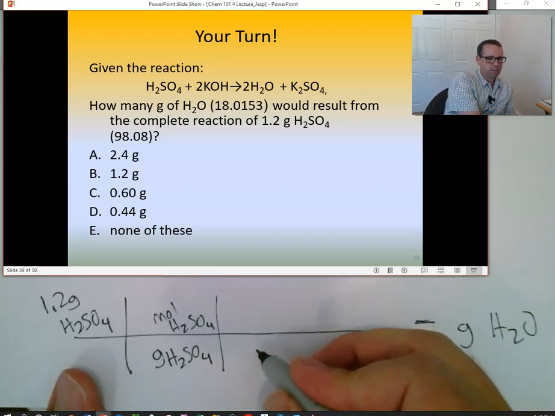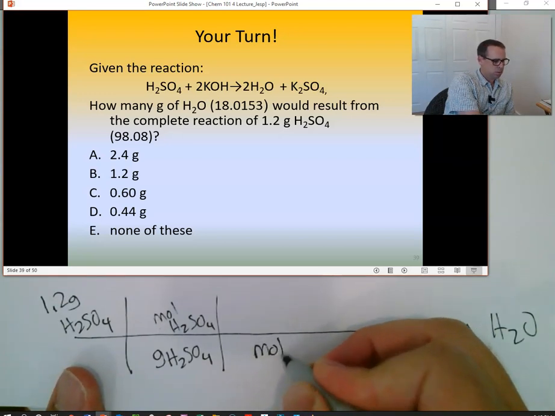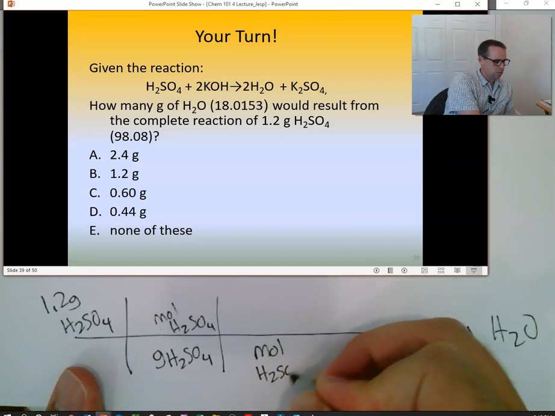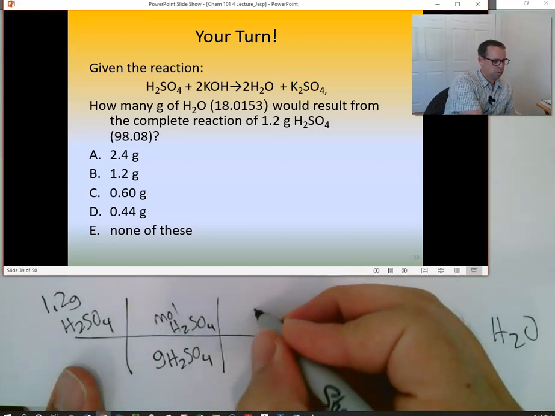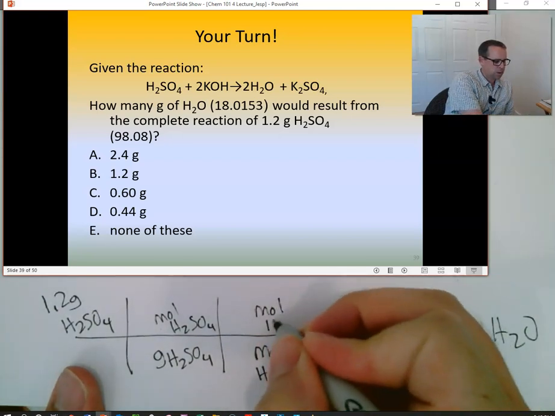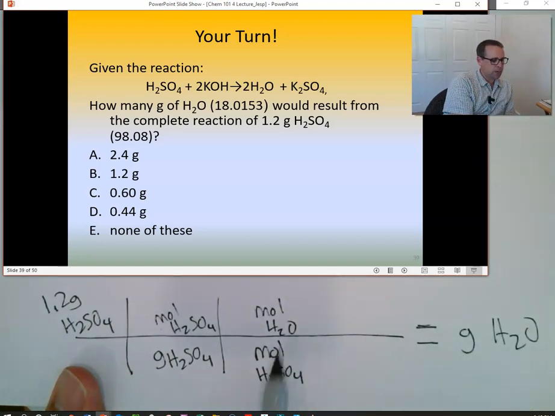And then down here, I'm going to get what? Moles of H2SO4. Very good. And now I have to get 2 moles of what? Of the water. That's right. Moles of the water, right? Okay.